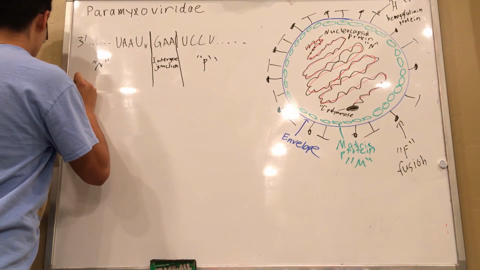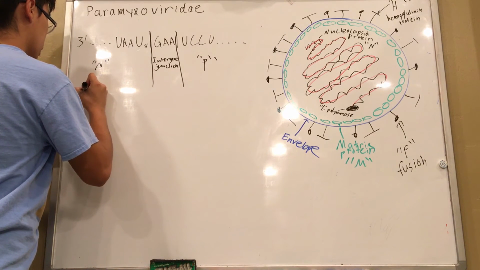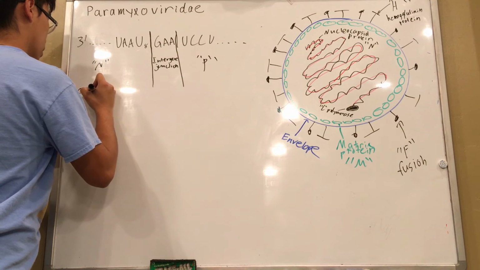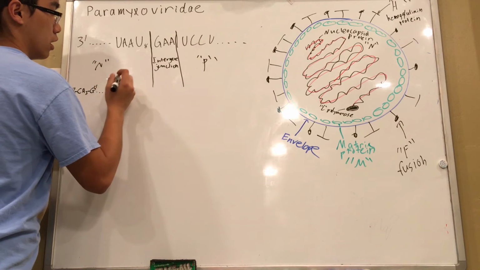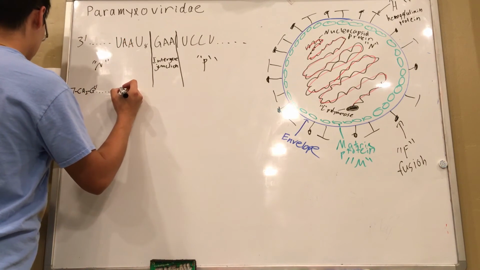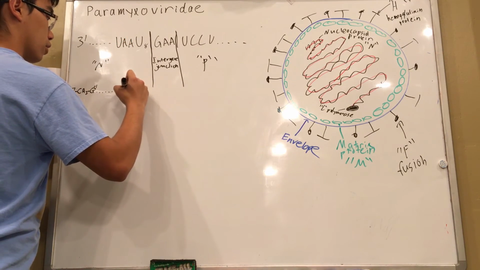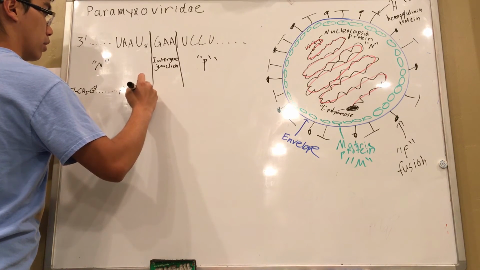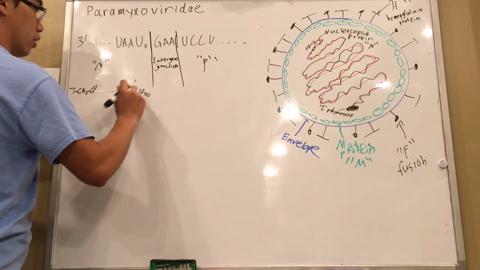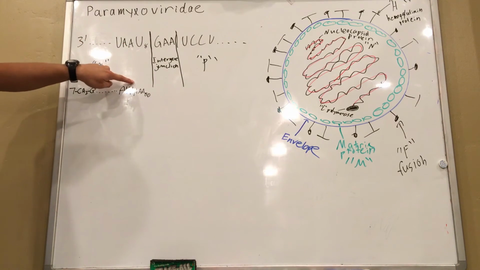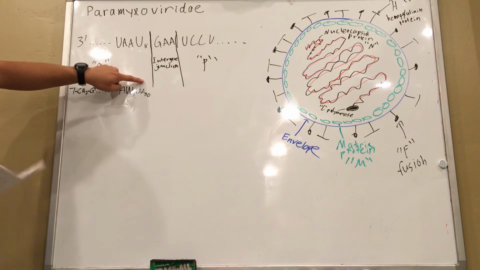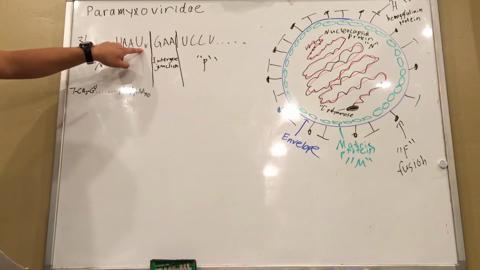So when you're making the mRNA transcript, obviously you need the 7-methyl G cap, copy your N, and finally when you get to here, you get the complement of that, and then you get your poly A tail, 150 A's. So you see U, A, U, complements of each other, just like normal.